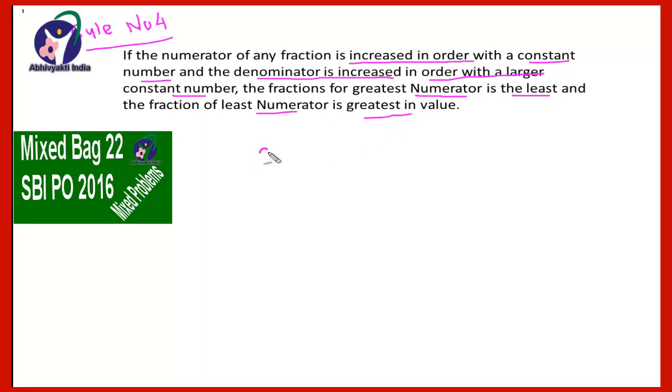So for example, 3 by 4, 4 by 9 and 5 by 14. These three numbers are given to you, and you have to say which is the greatest and which is the least one.